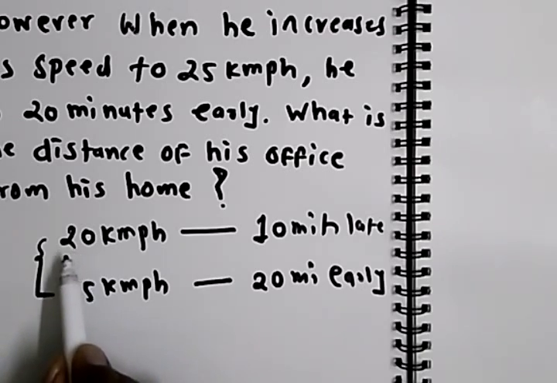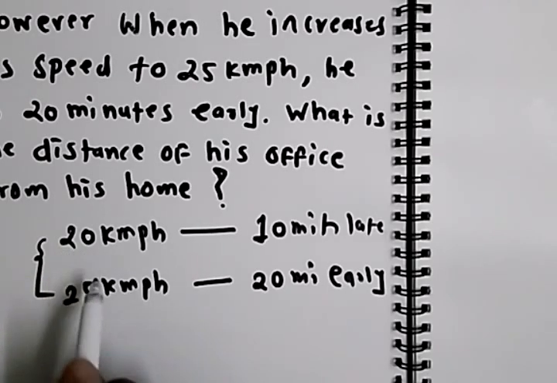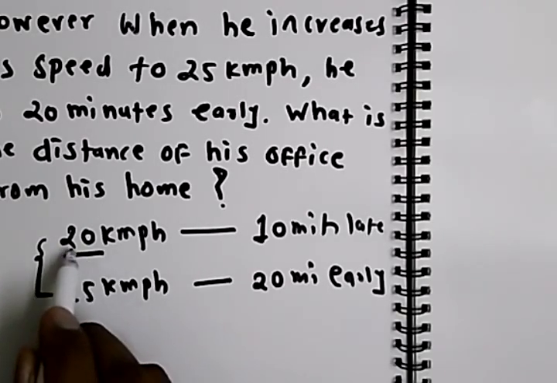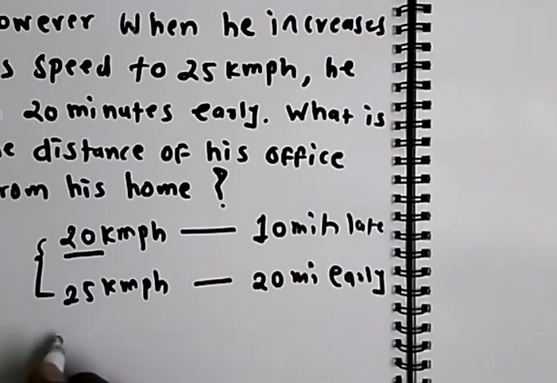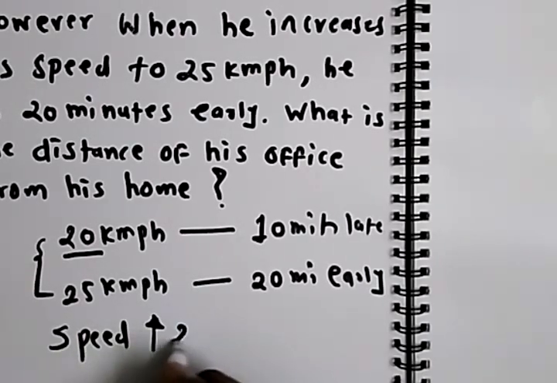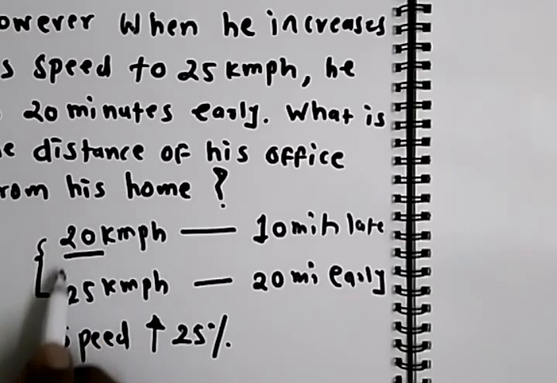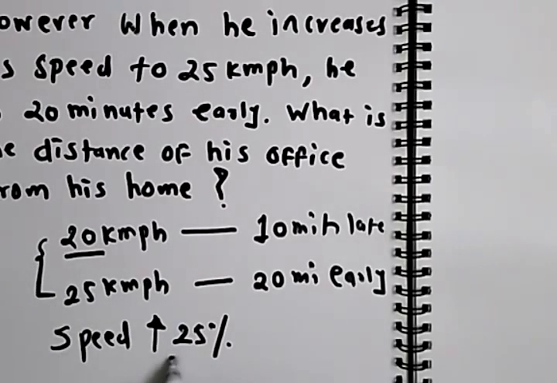So 5 km per hour is nothing but 25% of this 20. Right? So 25% of 20 is 5. So speed is getting increased by 25%. So speed is increasing from 20 to 25, that is 25%.